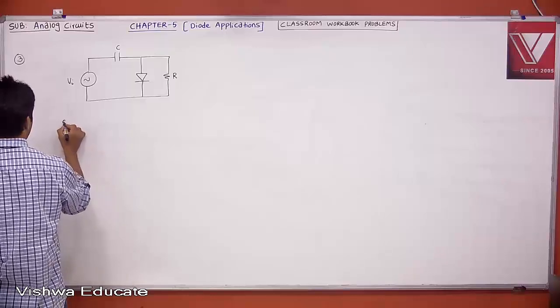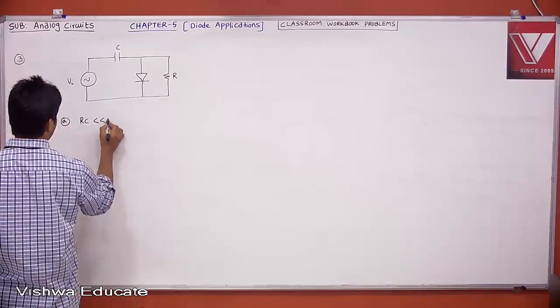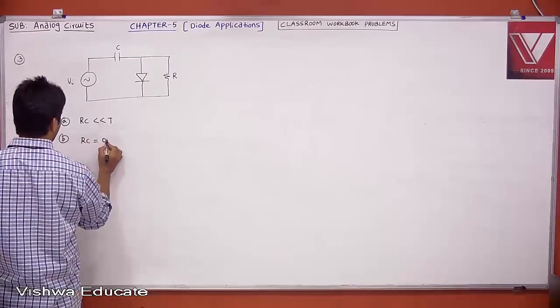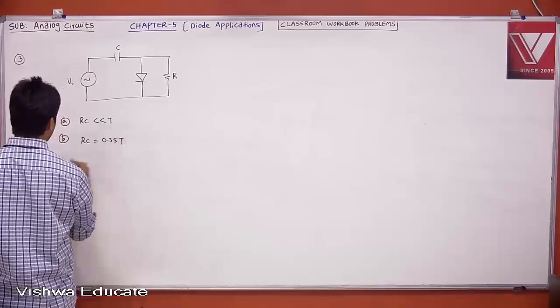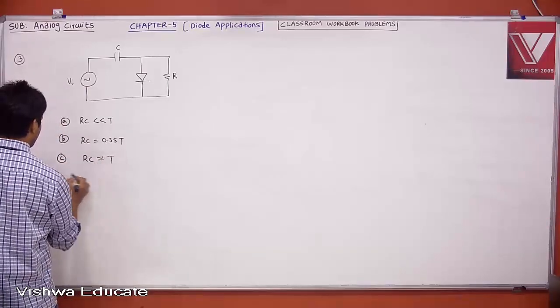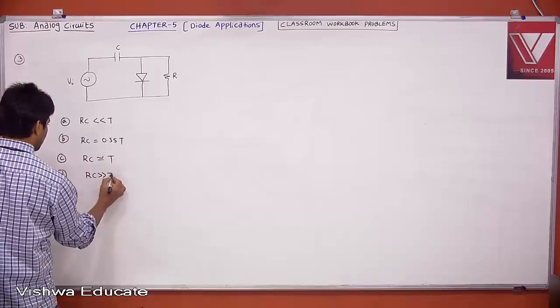Option A, RC should be very much less than T. Option B, RC is equal to 0.35 T. Option C, RC is equal to T. Option D, RC very much greater than T.